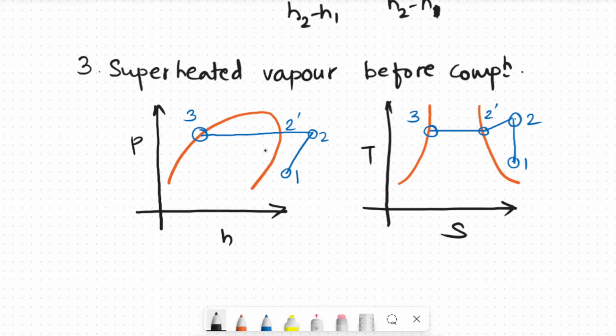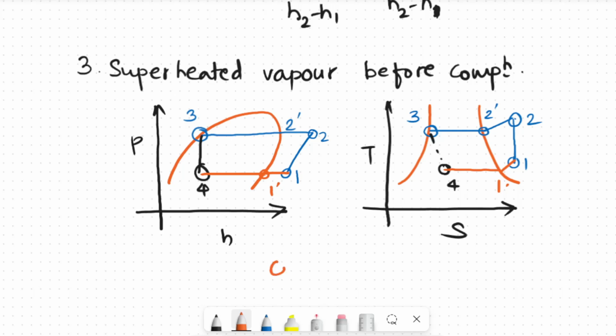After that, the process of isenthalpic expansion 3 to 4. The last process is the heat absorption. In the pH diagram it is a horizontal line where I need to plot 1 dash. On the TS diagram, it should be a horizontal line till the saturated dry state. After that, there will be an increase in the temperature of the vapor refrigerant.